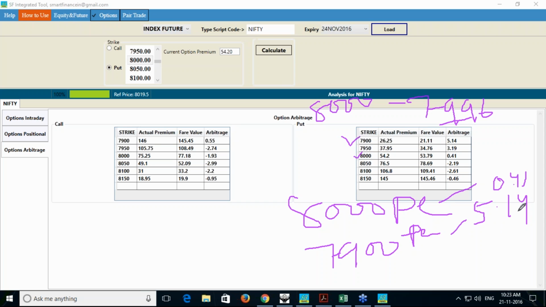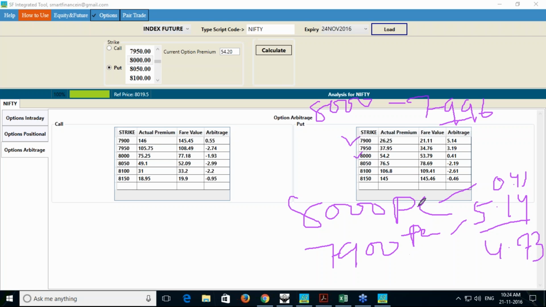The difference is 4 rupees and 73 paisa of arbitrage value I can earn in this.